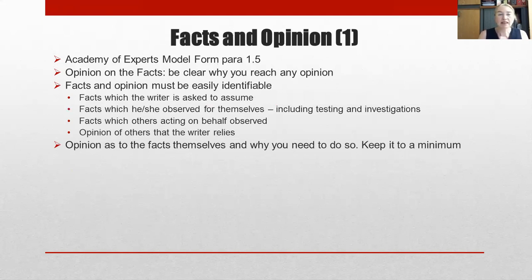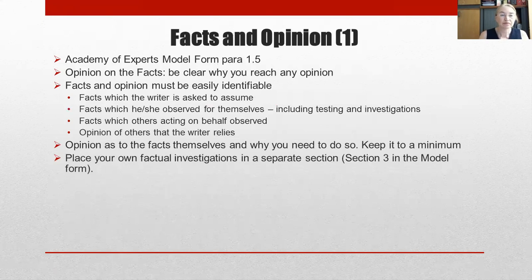Opinion as to the minimum. It's always recommended that you keep your own factual investigations as a separate section, and in the model format you can actually see the way that they've separated it out, the tests you undertook yourself, and those that you've instructed others to undertake, perhaps other tests and investigations.